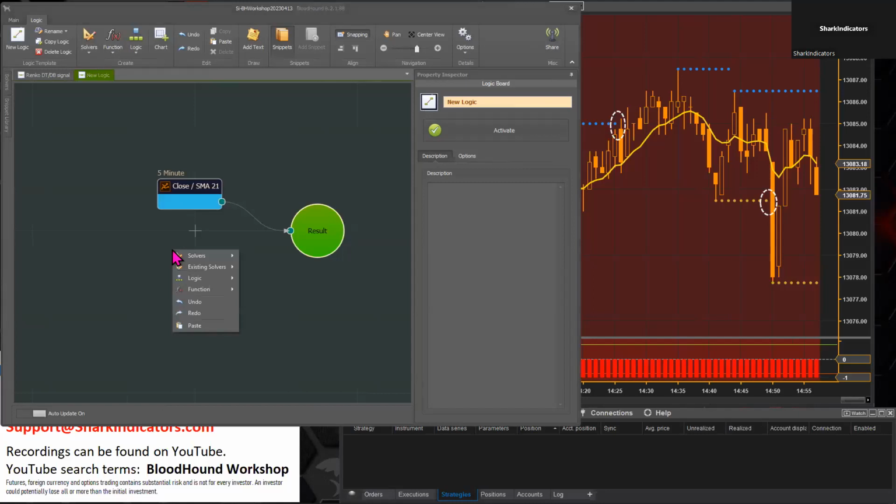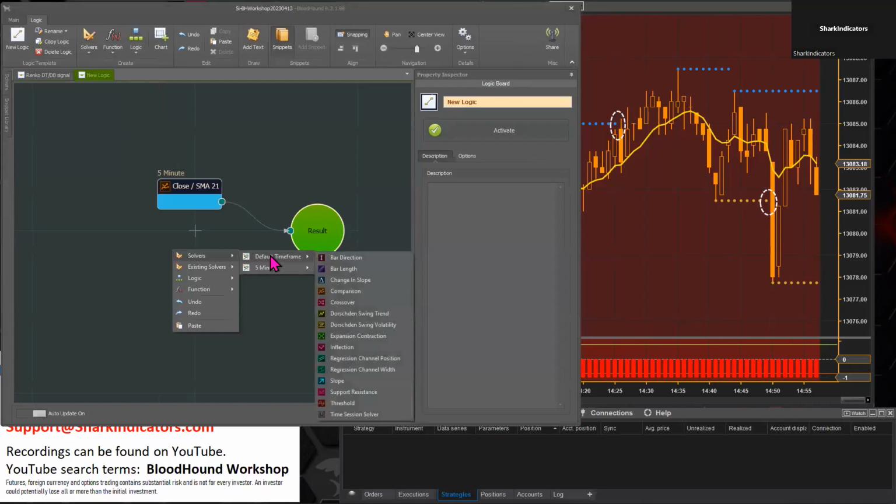All right. So to identify these swing breaks, for a long swing break, we're going to compare the high to the swing plot, or for a short, we're comparing the low price to the swing plot. So let's go to our solvers here, and we're going to do this on the 1 minute chart.